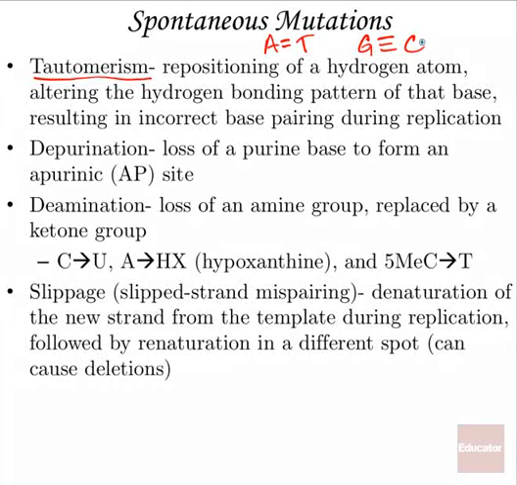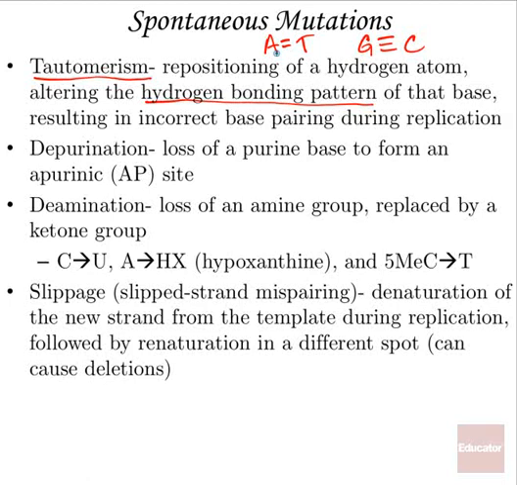Okay, so tautomerism is the repositioning of a hydrogen atom, which alters the hydrogen bonding pattern, resulting in incorrect base pairing. So this could be an A maybe pairing with a G or a C, or a G pairing with maybe an A or a T instead of that correct C.